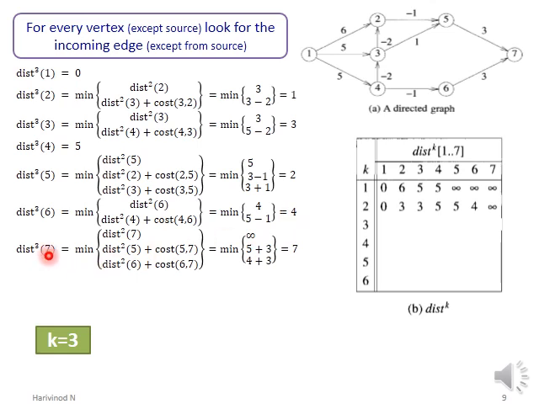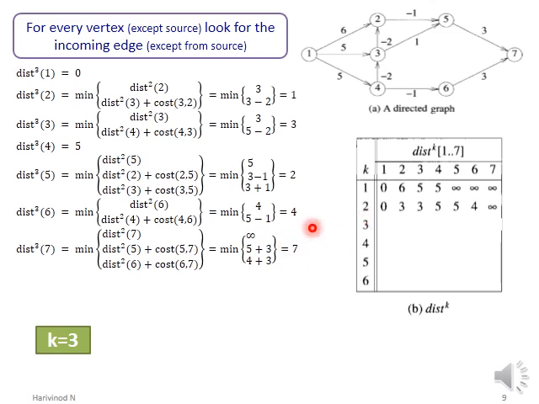Now coming to vertex 7, there are 2 incoming edges. The earlier value of node 5 is 5 plus 3, which gives 8. The earlier value of 6 is 4 plus 3, that is 7. The earlier value of 7 is infinity itself. So among infinity, 8 and 7, the better value is 7.